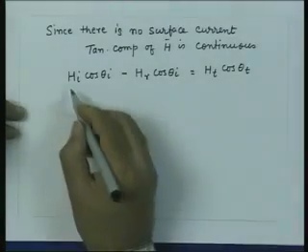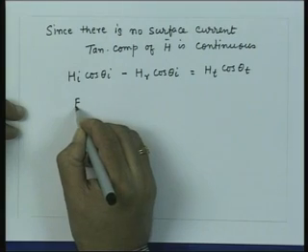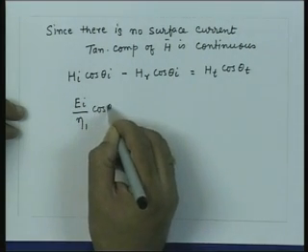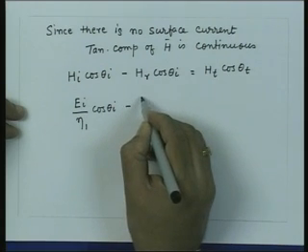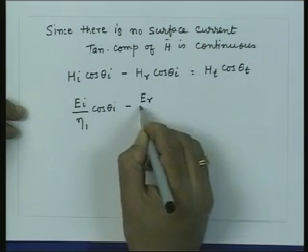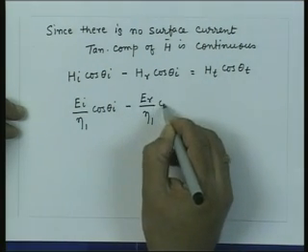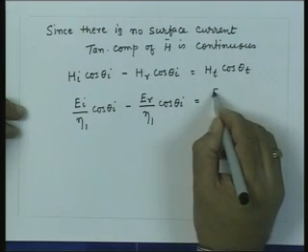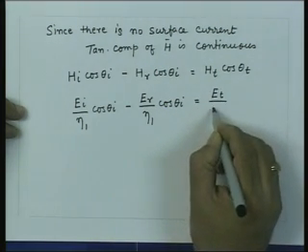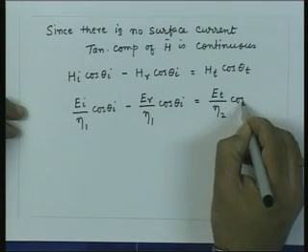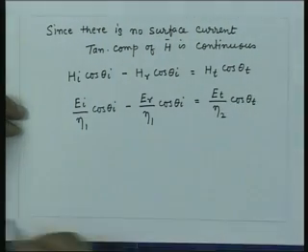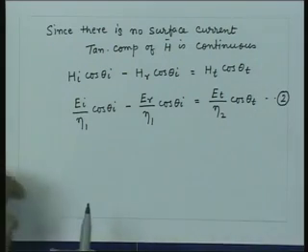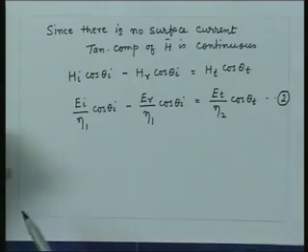So I can write this as Ei upon eta 1 cos theta I minus Er upon eta 1 cos theta I is equal to Et upon eta 2 cos theta t. That is your second equation, which relates the electric field components across the boundary.